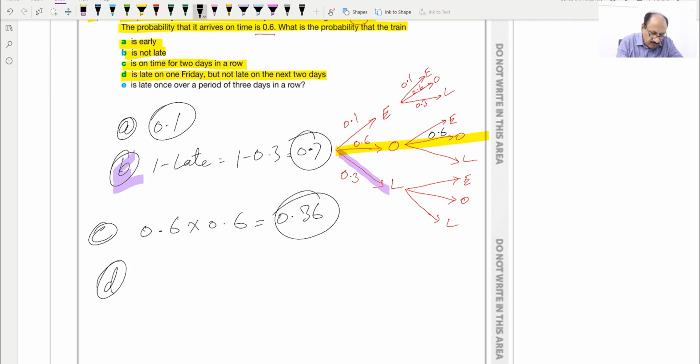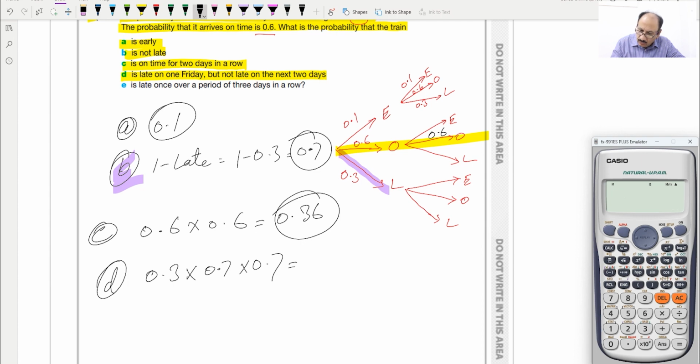So part D will be late on Friday but next 2 days not late. So 0.7 into 0.7, from where we have taken 0.7, as I told in part B that we are taking 1 minus late, which is not late. So we can calculate this.